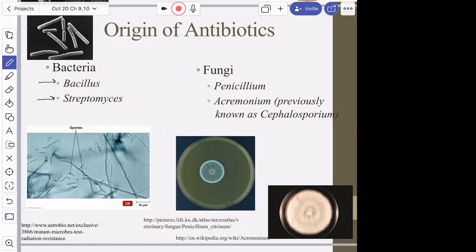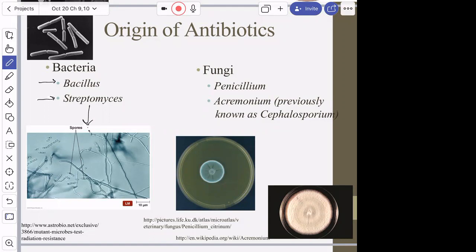So it's incredibly useful bacteria for us. It's a unique bacteria because it actually grows in long filaments and produces reproductive spores, kind of like fungi. But these are prokaryotic cells. They don't have a nucleus. So they're still considered bacteria.